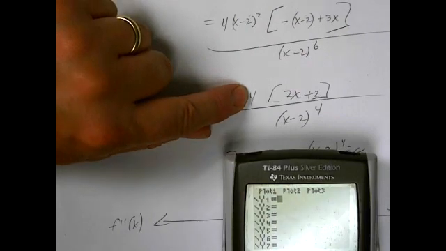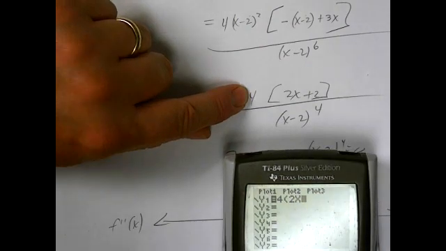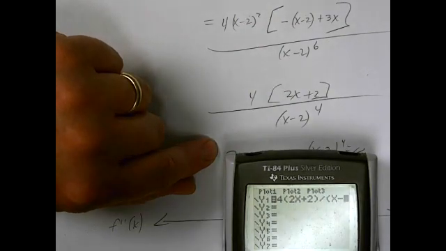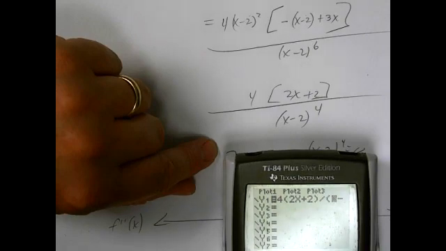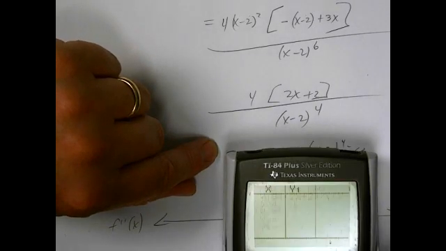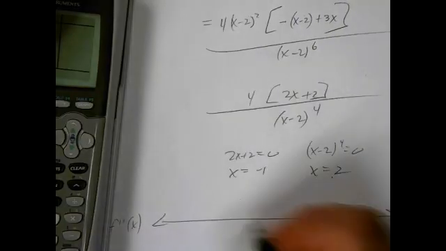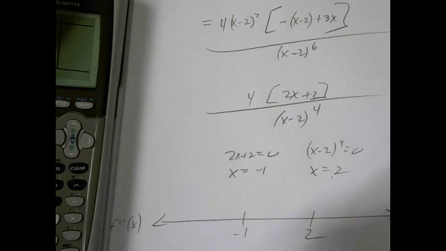I'm going to put a 4 and a 2x plus 2 in the numerator, divided by x minus 2, in parentheses, to the power 4 in the denominator. And let's set up a table. I'm going to take my number line and cut it at -1 and +2.